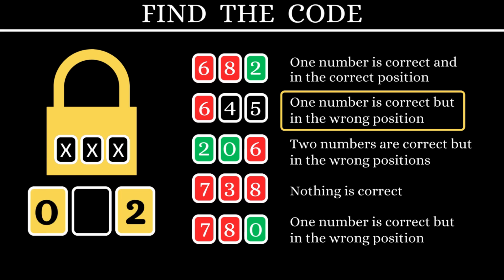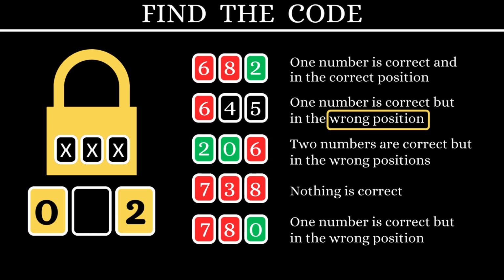If 4 was the correct number, according to the statement, it is in the wrong position. That means 4 should come either as the first number or the last number. These numbers are already solved. Hence, 4 cannot be correct.